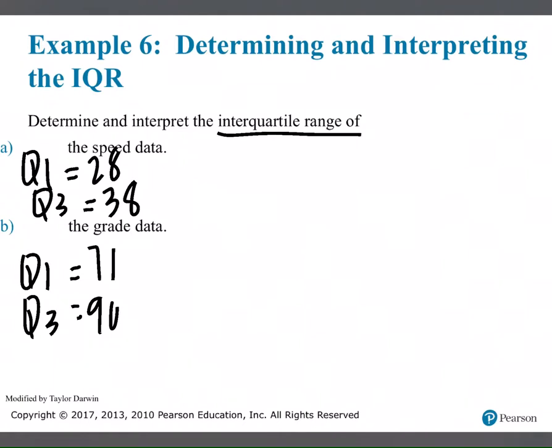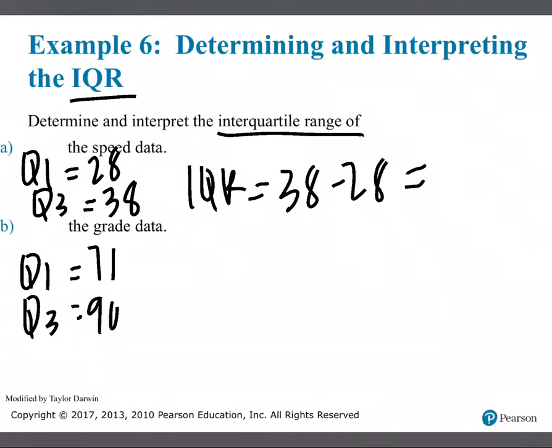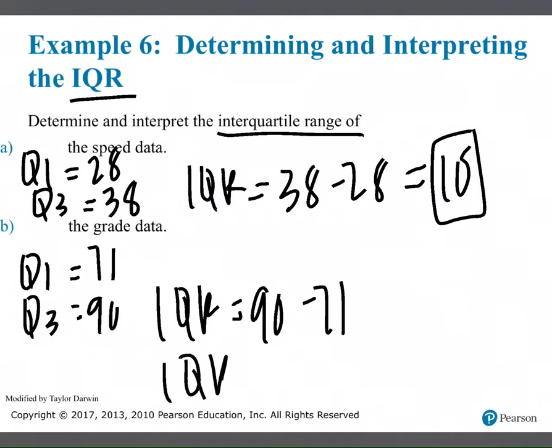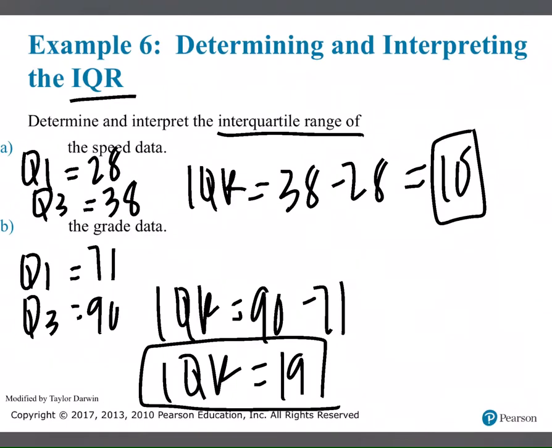So it wants us to find the interquartile range, aka IQR, which is given to you on your formula sheet, and it is Q3 minus Q1. So our IQR here is 10. This one, 90 minus 71, our IQR here is 19.